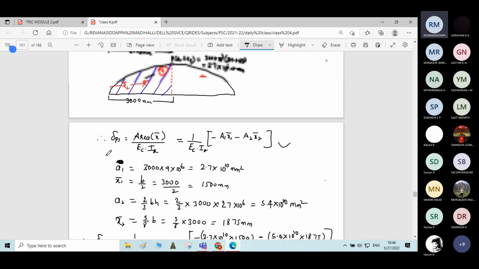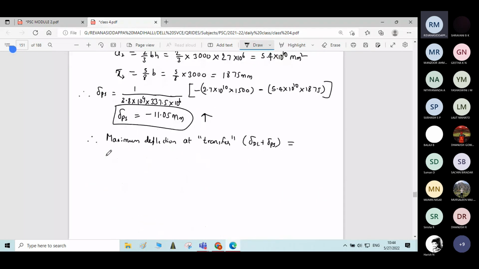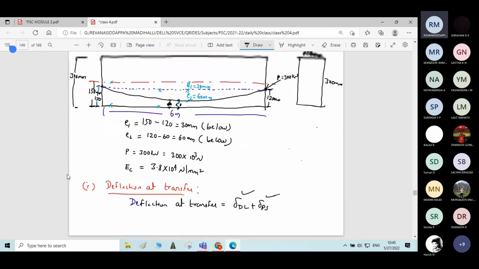Deflection due to dead load is 1.48 mm. Prestress is minus 11.05. So you will get the answer as minus 9.57 mm. Okay. So we have solved the first question.